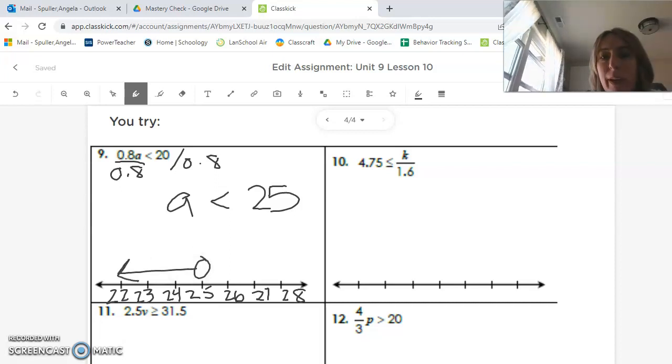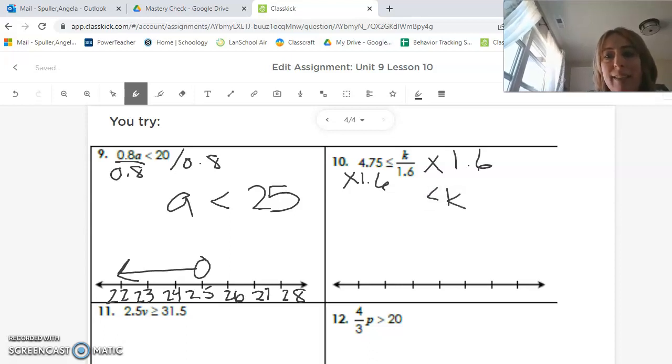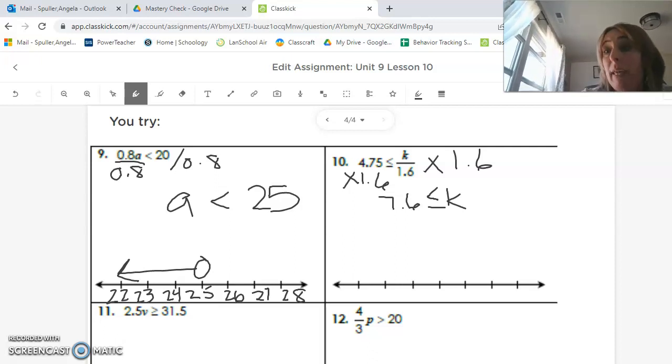Okay, here we have division, so we're multiplying 1.6 times 1.6, and you should have gotten k is less than or equal to 7.6. Okay. All right, and then remember I like to have the variable first, still keeping the mouth going the same direction.